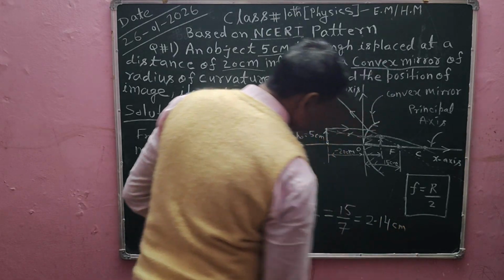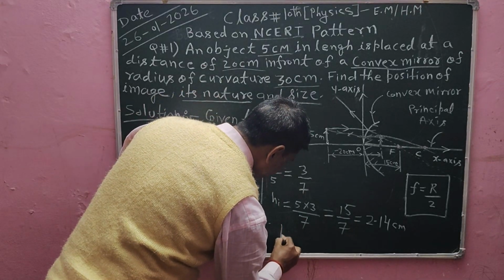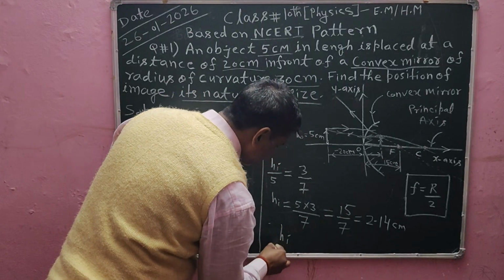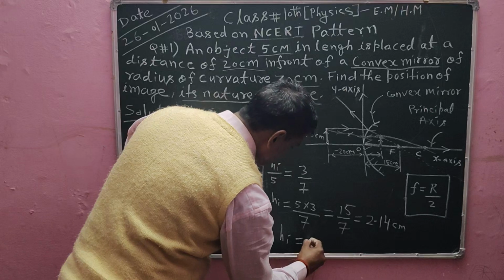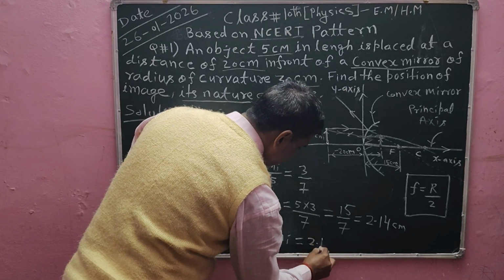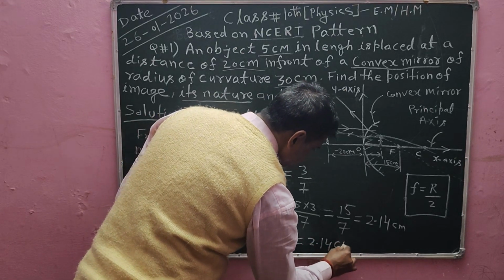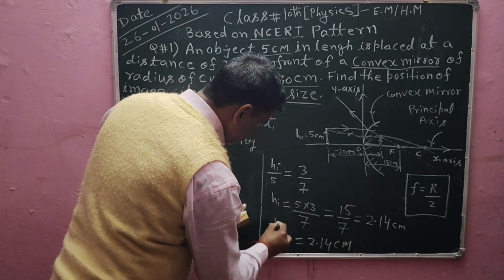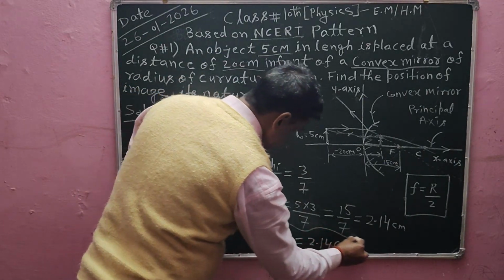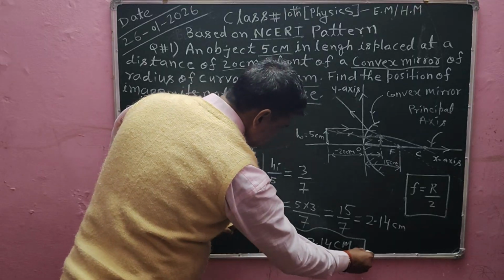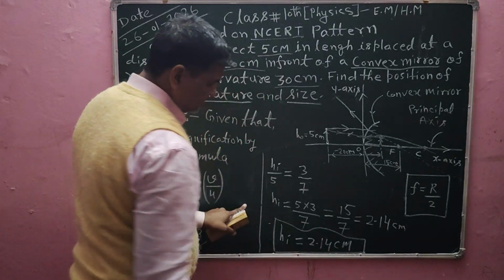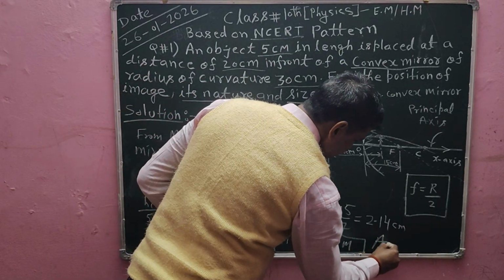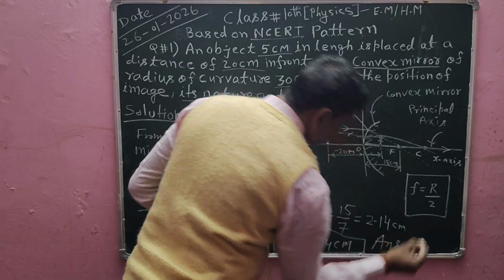So I have got the value of HI, that is the height of the image, which is equal to 2.174 centimeter. Okay, so this is the second answer of the first question.